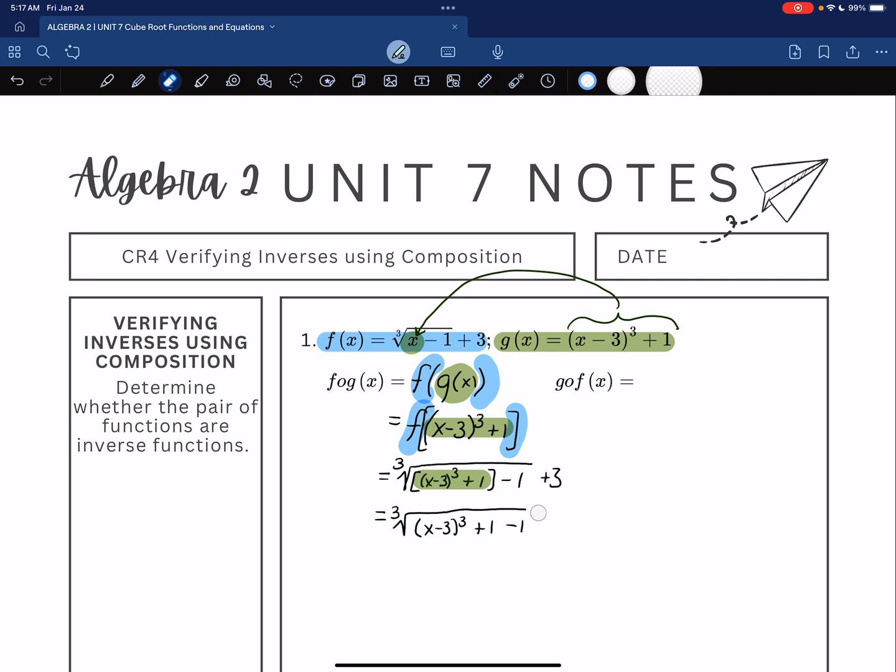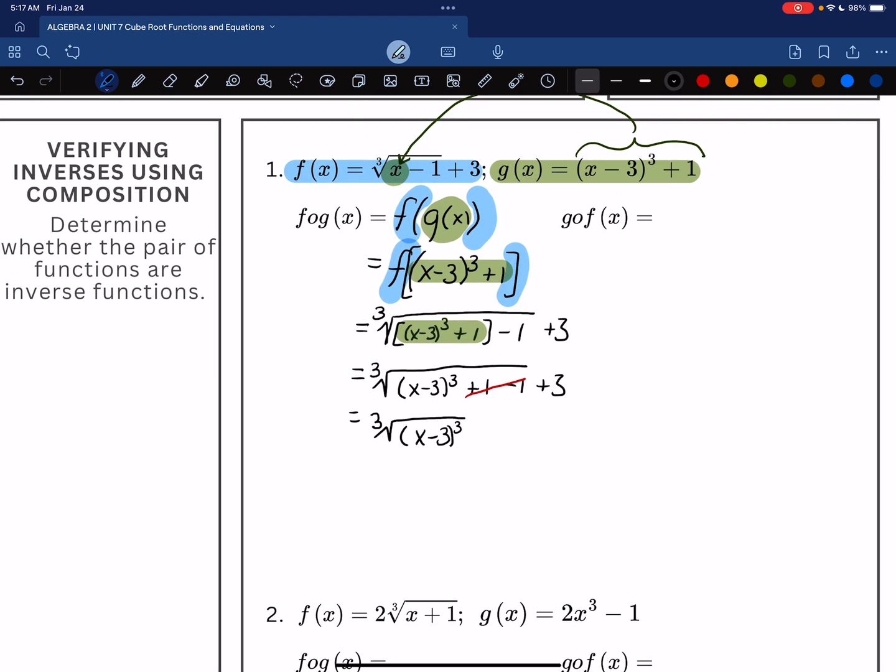And then outside that, I'm adding 3. Now, if I'm adding and subtracting 1 inside of here, those are actually going to cancel each other out. And so what will we have? We will have the cube root of the quantity x minus 3, that's cubed, and then we're going to add 3 to it.